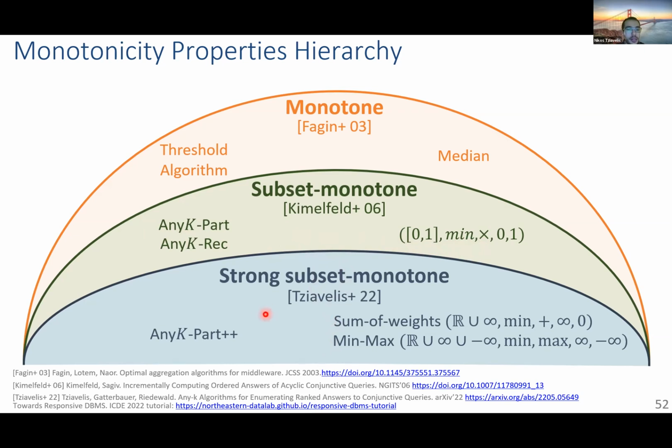But now the new algorithm, Anyk-Part plus, requires the strong subset monotonicity property, which doesn't apply for this particular ranking function. What does this say? Every input tuple has a weight. In order to aggregate those, we multiply them, and then we look for the minimum one.